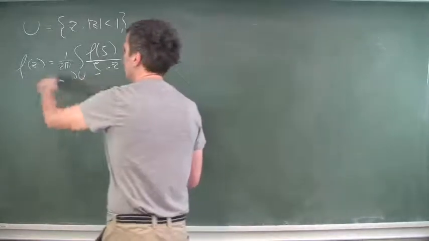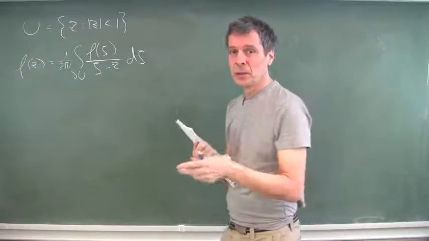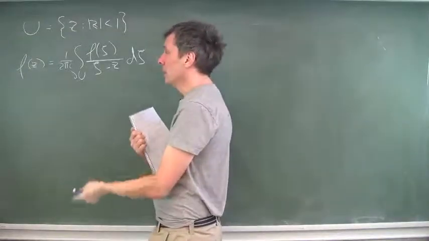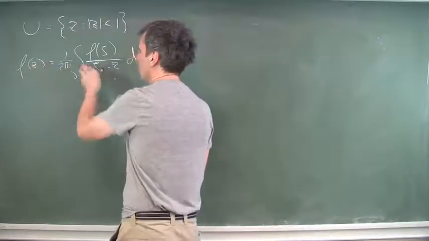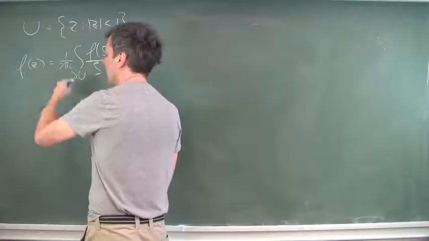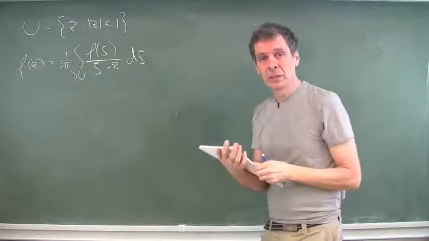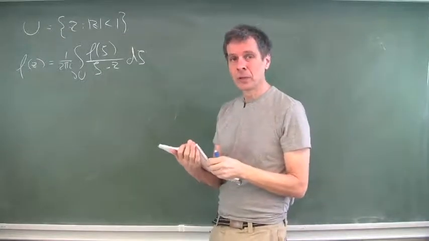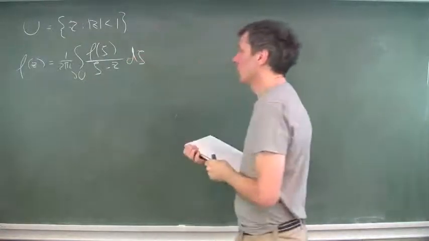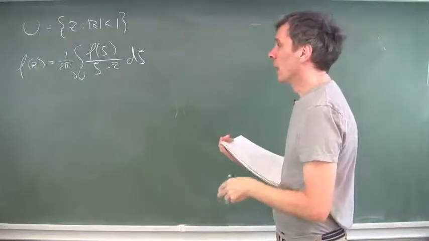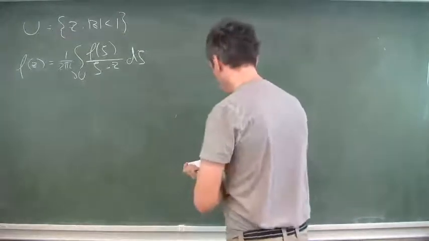So in a sense, this also already gives a representation for harmonic functions, because remember, if we have a harmonic function, then it will be the real part of an analytic function, and the analytic function can be represented in this way, and then we just take the real part of this expression, and then we have an integral formula for our harmonic function. However, that integral formula is not very practical to use for different reasons. So I'll now show how we can get a much better formula for harmonic functions.